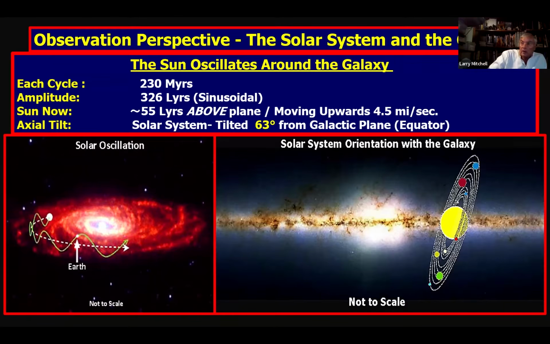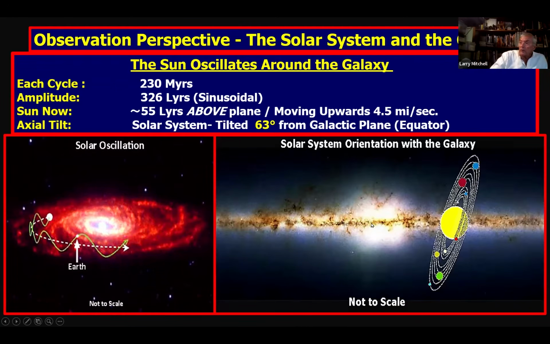The solar system, which is represented here, and this is not to scale, but this is the plane of the Milky Way here. Our solar system is tilted 63 degrees with respect to the plane of the Milky Way. This is why we see the summer Milky Way and the winter Milky Way.